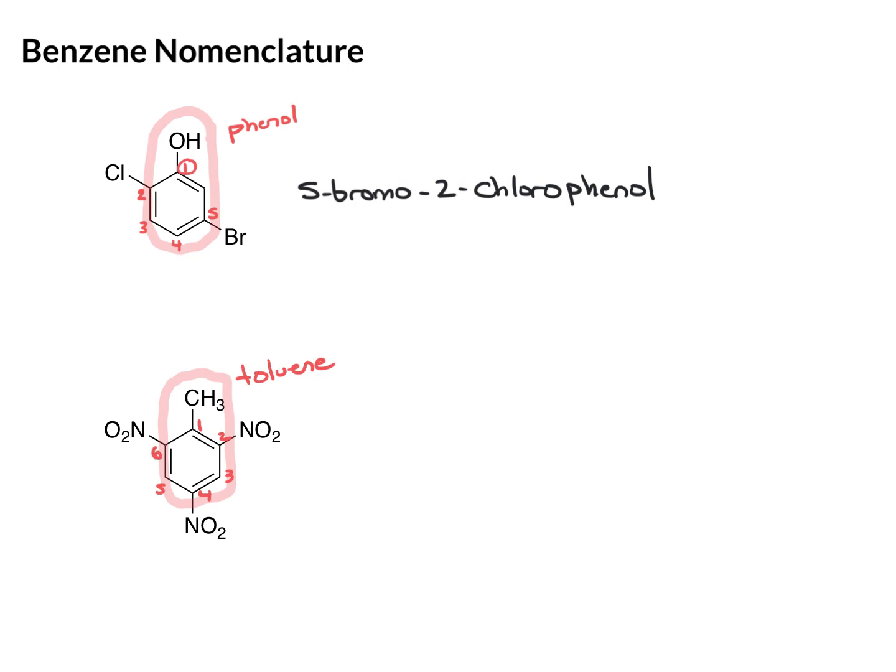So for this one, we have nitro groups at 2, 4, and 6. So the name would be 2,4,6-trinitrotoluene. This is a common structure that you may have heard of before. TNT. This is an explosive.